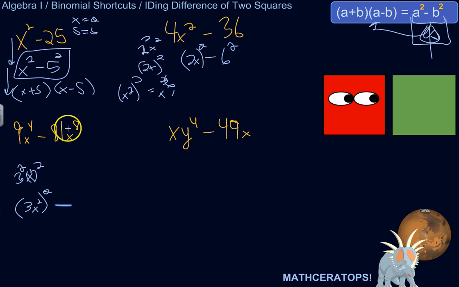Okay, now let's do the same sort of thing with this. So 81 we could write as 9 squared. x to the eighth we could rewrite as x to the fourth, squared, because x to the fourth squared would be x to the eighth.